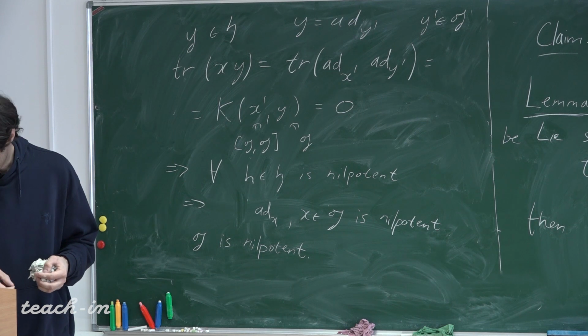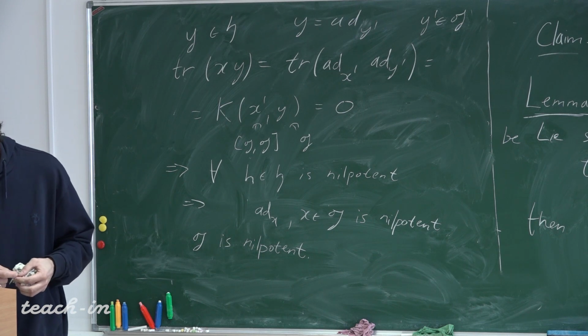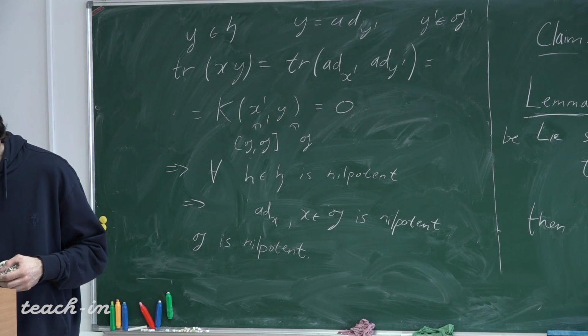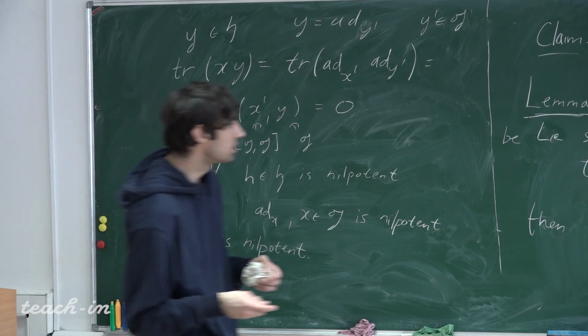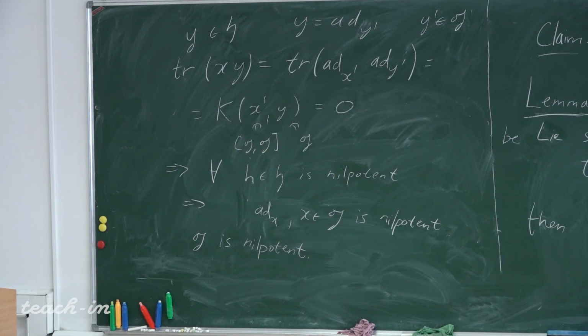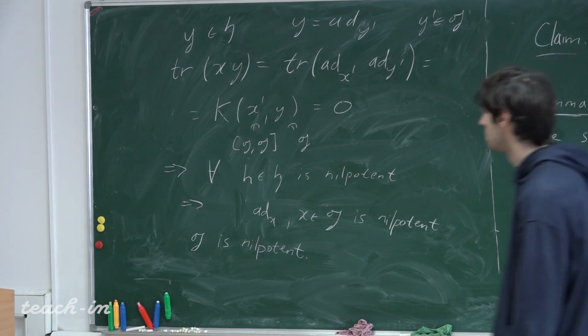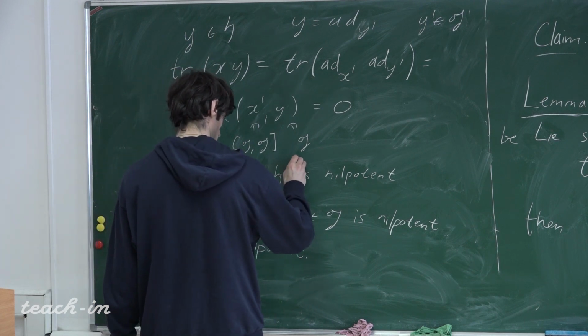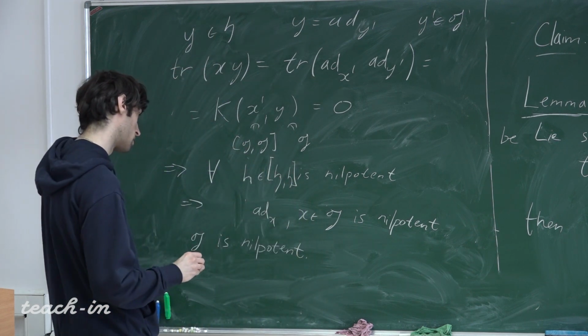Right, so the lemma actually goes not like this. Every x in H is nilpotent. So this is how the lemma goes. Little correction. So therefore, everything in here is nilpotent.